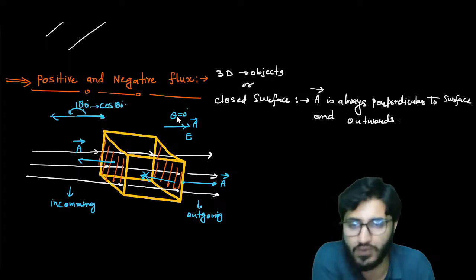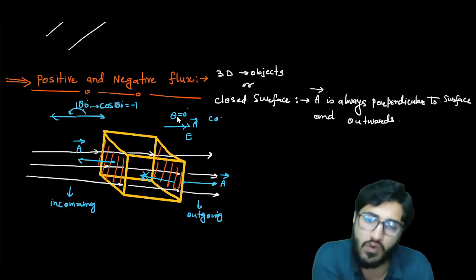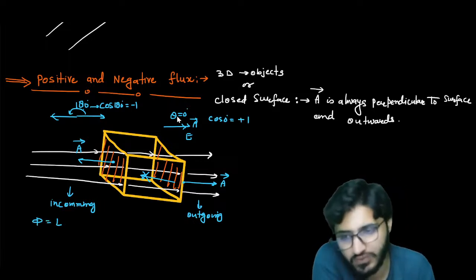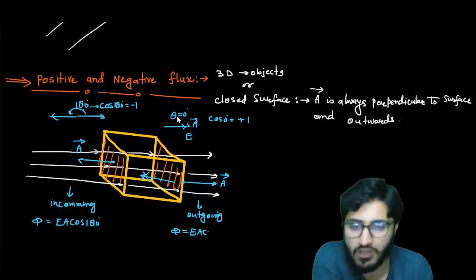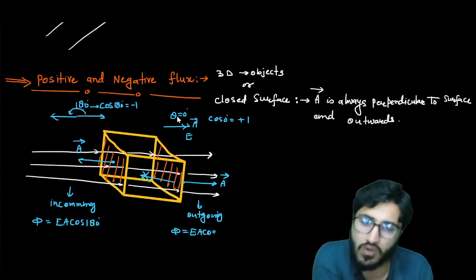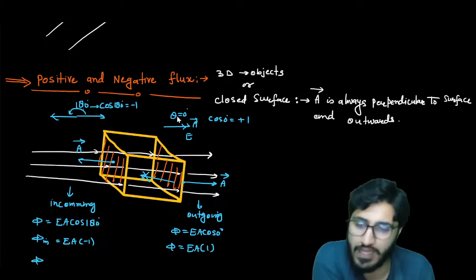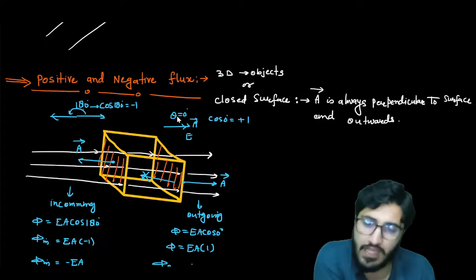Cos 180 is -1 and cos 0 is +1. So phi incoming equals EA cos 180, which is -EA, and phi outgoing equals EA cos 0, which is +EA.